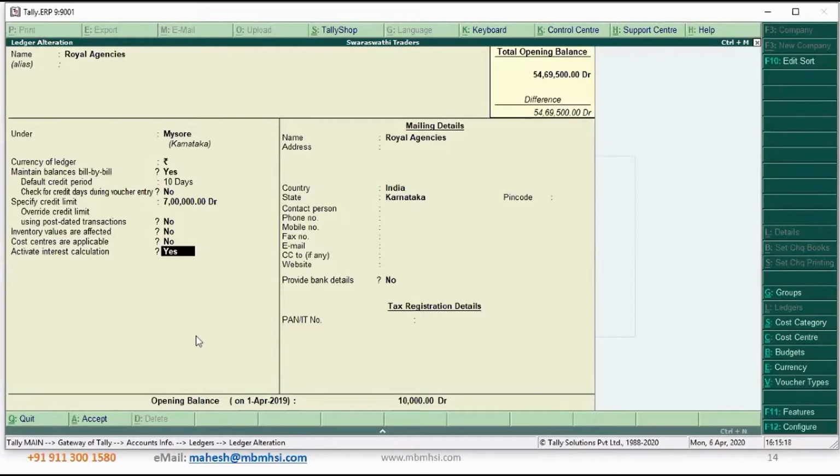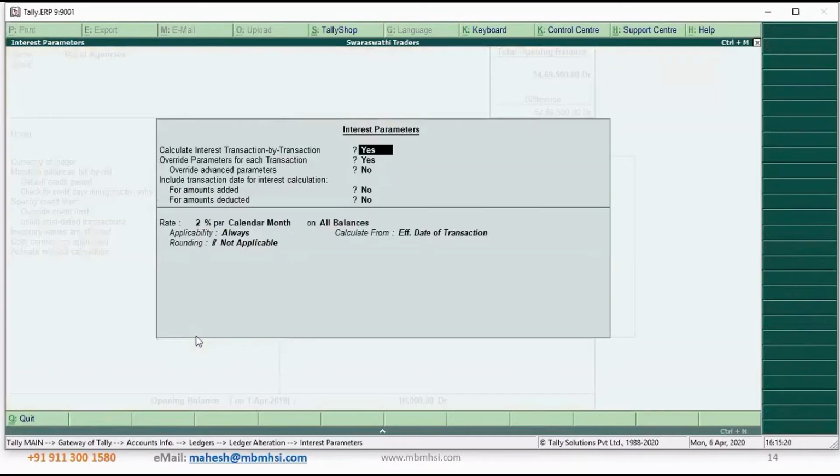Once you go to the screen, you also get a few more options since we are using the advanced parameters. One is the same interest parameters by transaction. Then override parameters for each transaction.